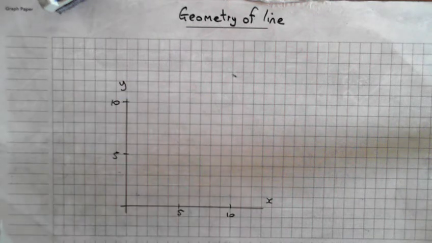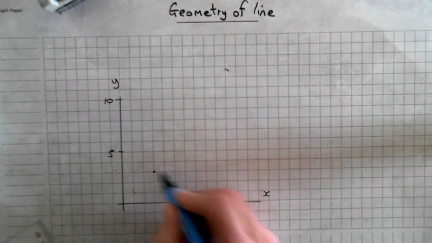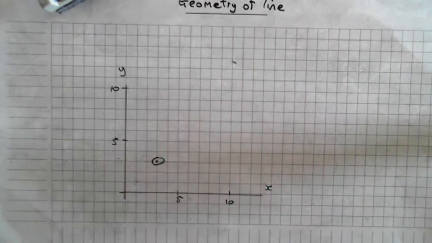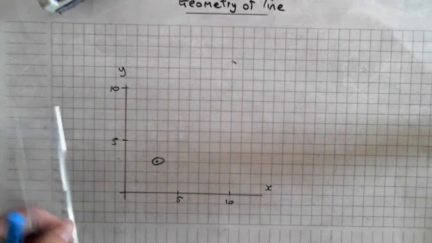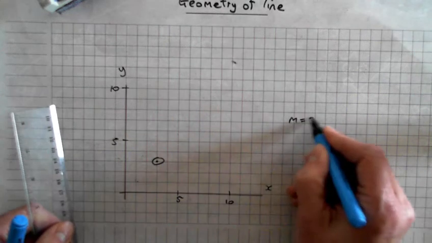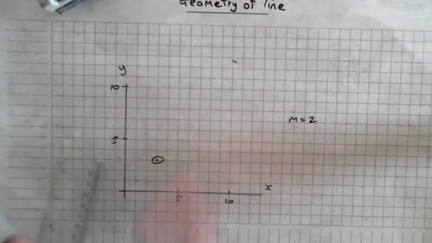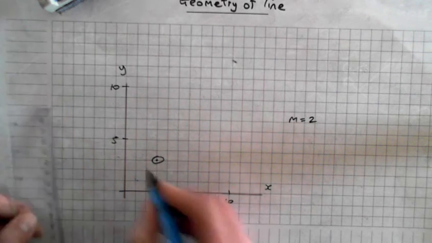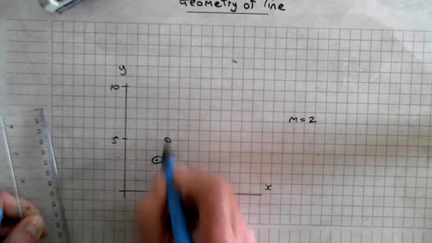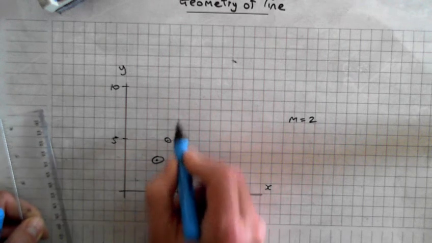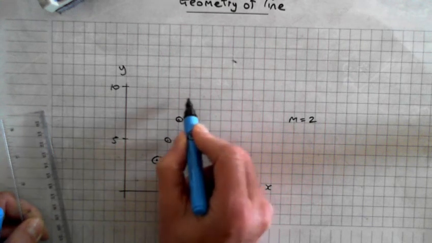Alright, so there's the first point. And let's say I want to draw a line that has a slope of 2. So what I need to do is right 1 and up 2.